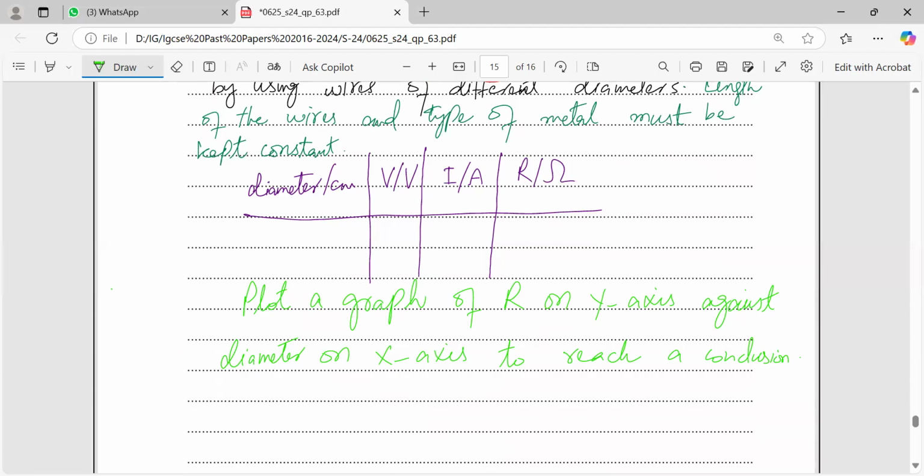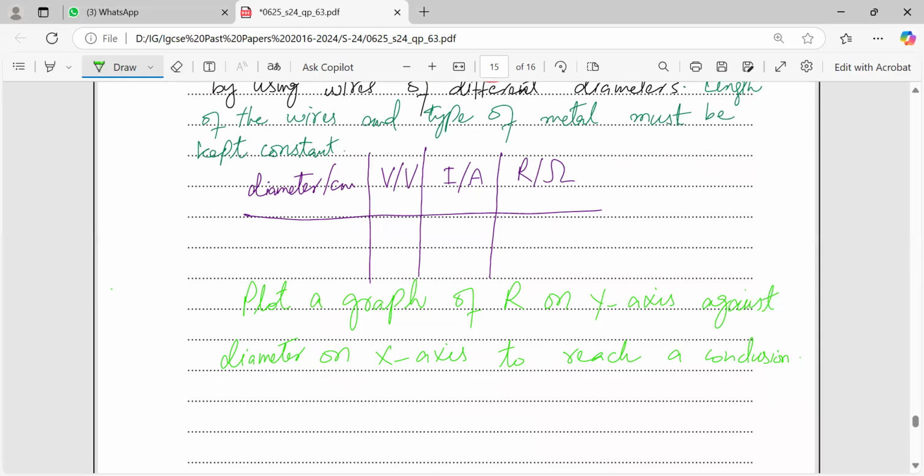If the question was how the type of metal affects the resistance of a wire, then type of metal means names of the metal like copper, aluminium, iron, silver, and so on. We don't have their numerical value, but we will be having the numerical values for resistance. So in that case, when out of the two variables, for one variable we have a numerical value, and for the other we have only the name, then we plot a bar chart to reach a conclusion.